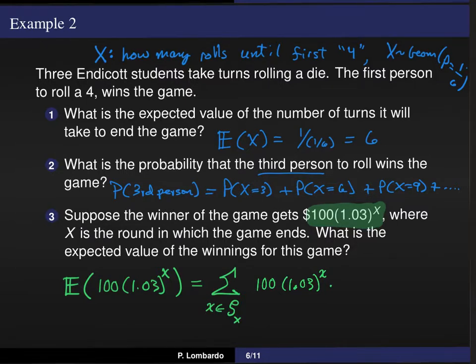Keep in mind our PMF looks like 1/6 times 5/6 to the x minus 1. So this is the summation we want in order to find the expected value of the winnings for this game.